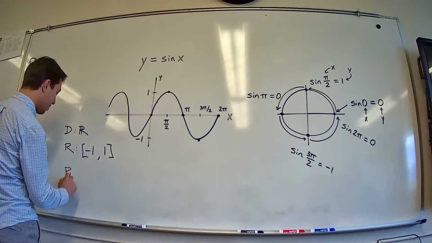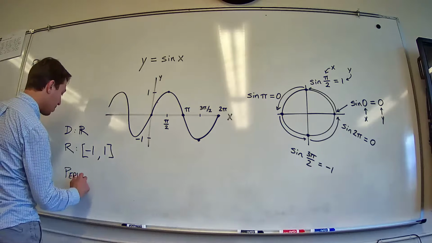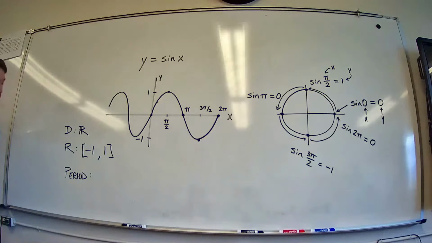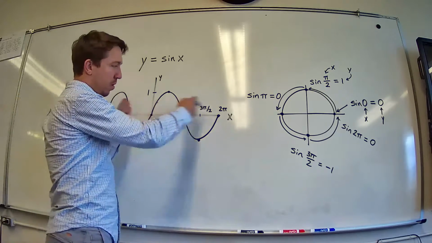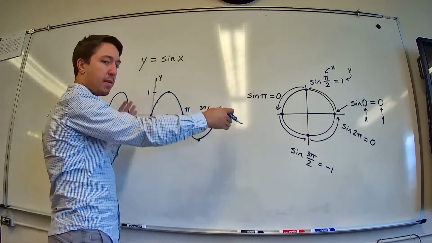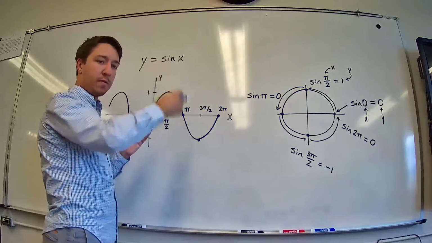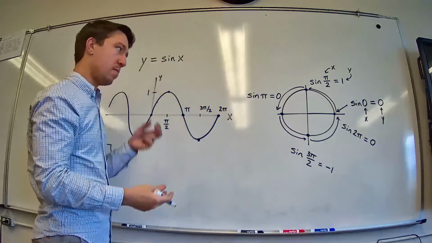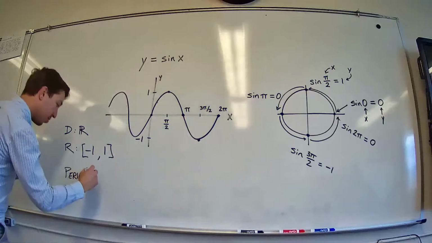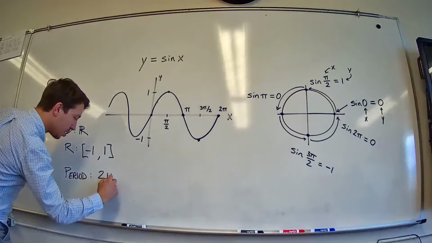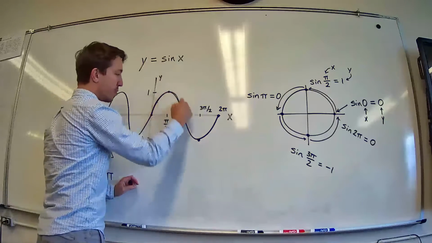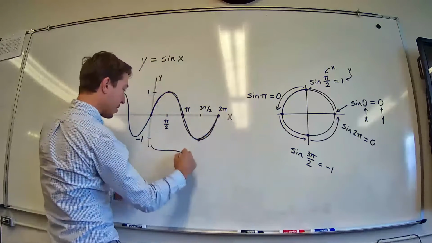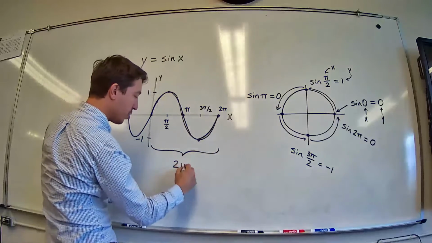Period. Period is a word that just means how far horizontally on the graph you have to span before you get one full cycle of the graph. So 2 pi is that distance. From here, this is one cycle. That horizontal distance is 2 pi.